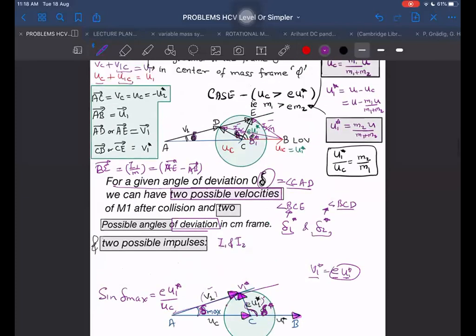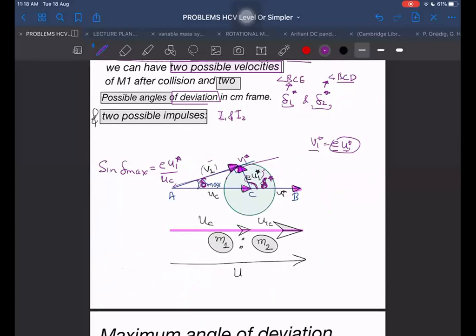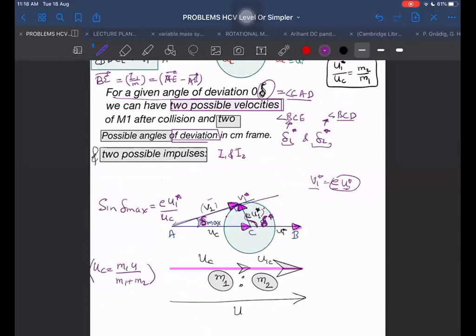But wait a second, I already know one more thing here: what is UC? UC is equal to M1 into U upon M1 plus M2, since U2 equals 0.